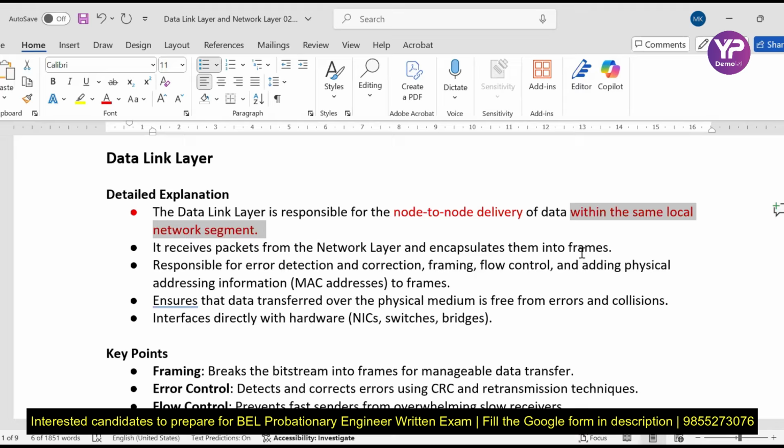Then adding physical addressing information, that is MAC address, to the frame. That's fine. Now it ensures data transfer over the physical medium is free from error and collision because it provides flow control and error control mechanisms. So keep in mind, the data link layer provides flow and error control. Transport layer also provides flow and error control.